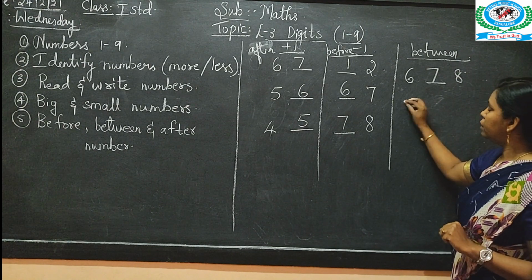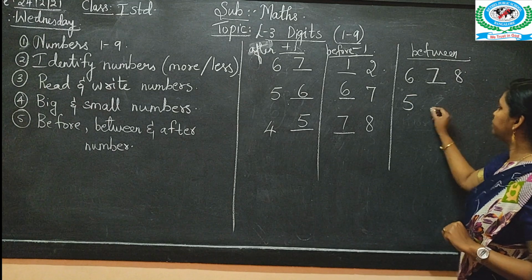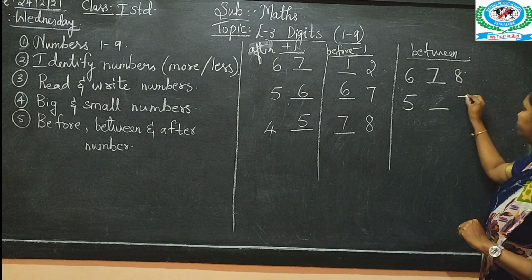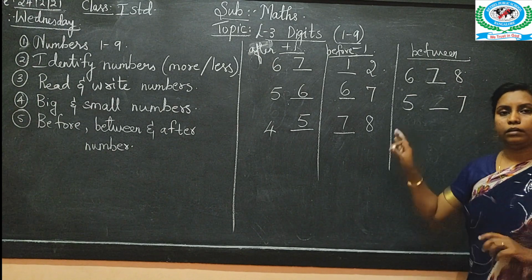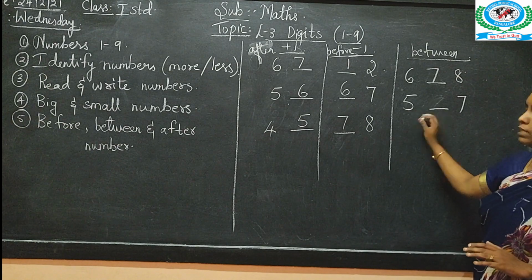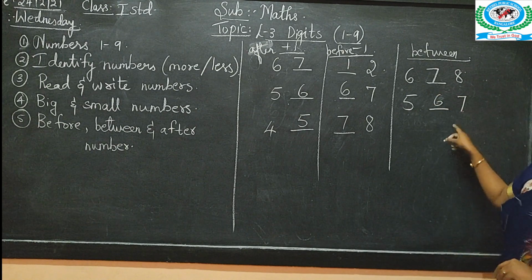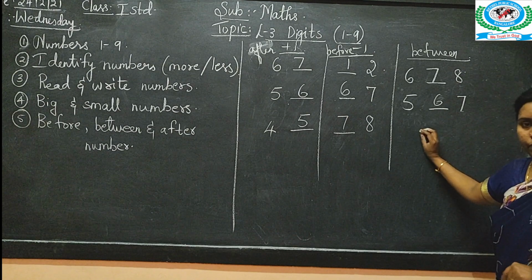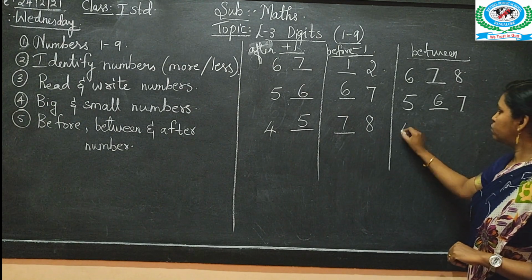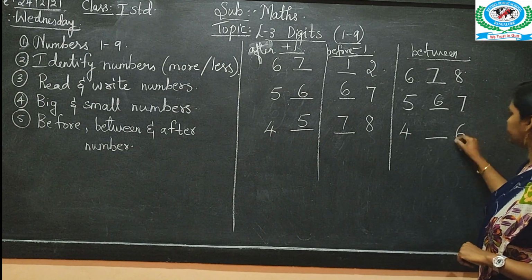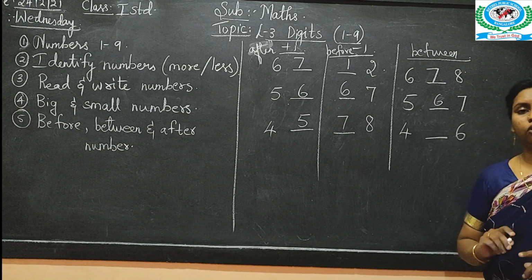Here I will give 5 and 7. What is the number between them? It is 5 plus 1 is 6, or 7 minus 1 is 6. Understood? Okay, then next one. What number should come between 4 and 6?